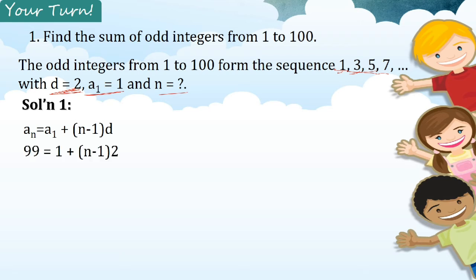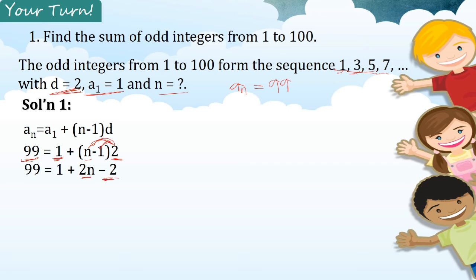Okay, and then our a sub n here is 99, since the last odd integer is 99. Our first term is 1. And then n minus 1, our common difference is 2. Distribute natin si common difference. 2 times n is 2n. 2 times negative 1 is negative 2.